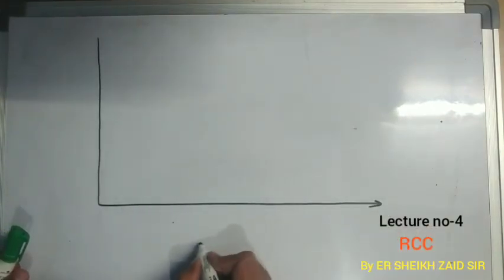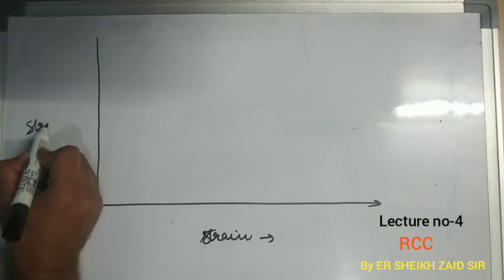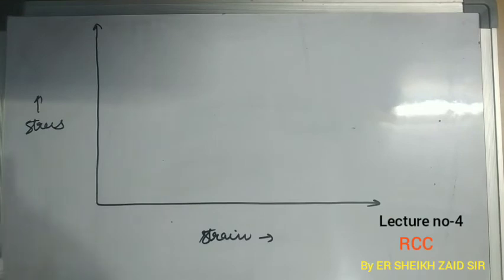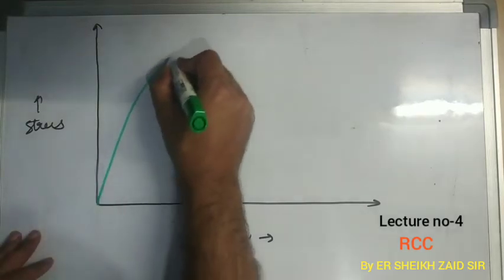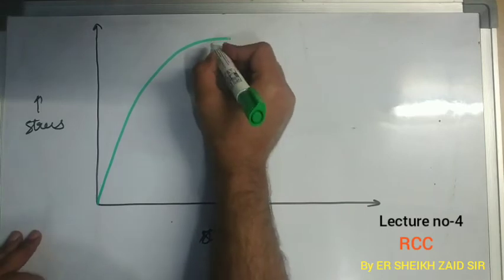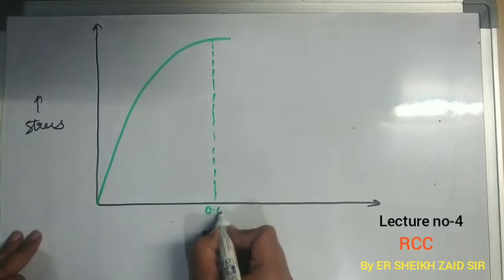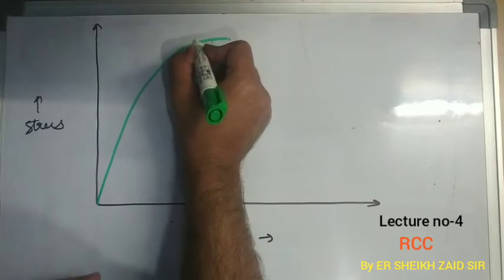If this axis shows strain values and this axis shows stress values, we know that to enable the mathematical treatment, the stress strain curve is assumed to be a parabola up to a strain of 0.002. So up to this strain, it is assumed to be a parabola followed by a straight line.